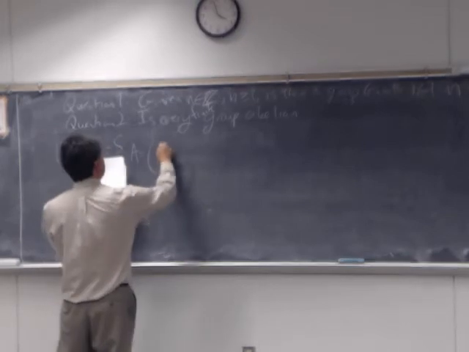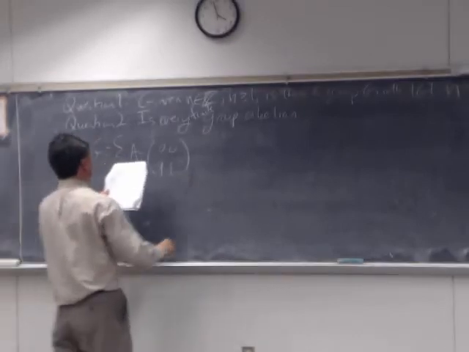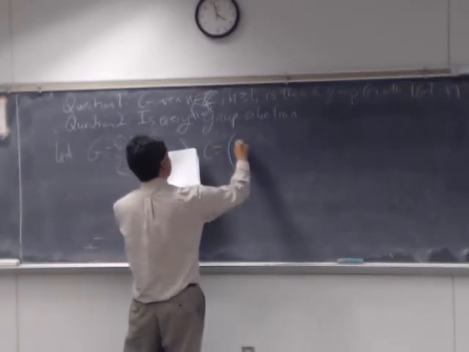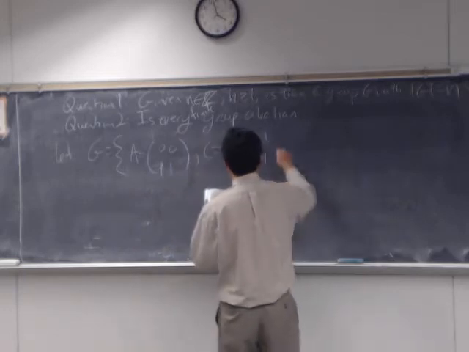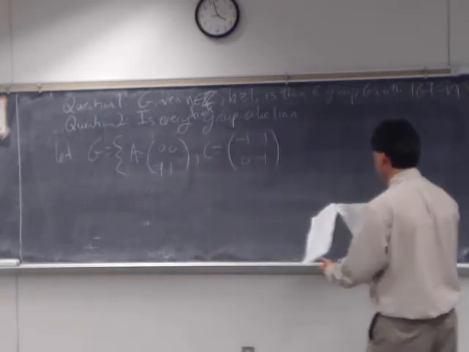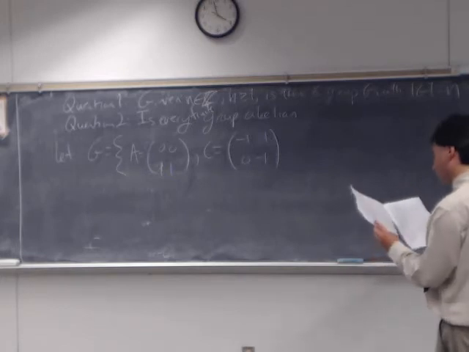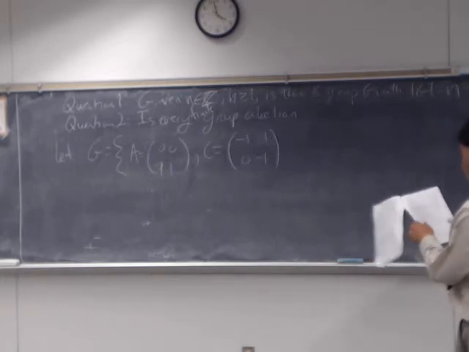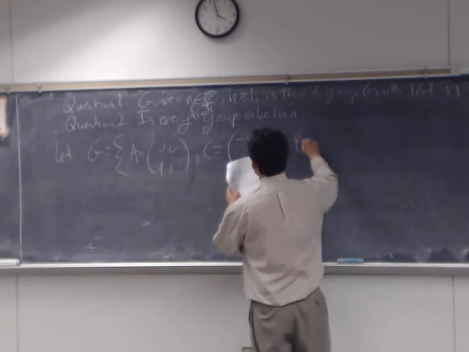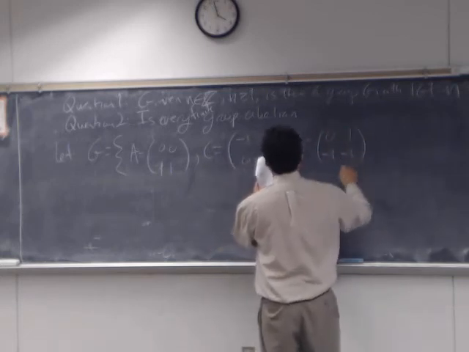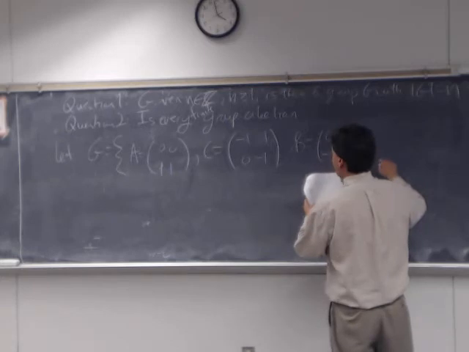What I'll call A, C, then B is a matrix that we previously used before. C I've already given.